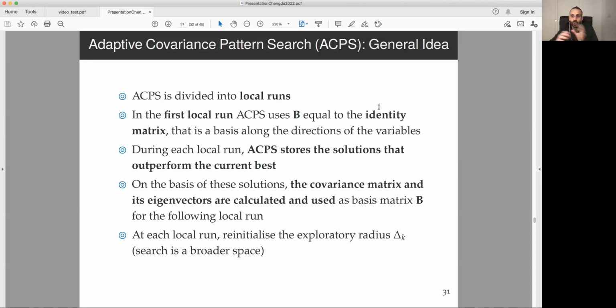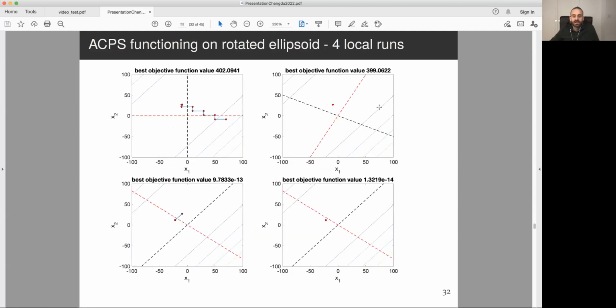In this case, we have only the eigenvectors. We are not looking at the eigenvalues. There is a reason which I will explain in a second. And at each local run, we reinitialize the exploratory radius. So there is some restarting. Let us give one example in order to take the essence of what is happening.